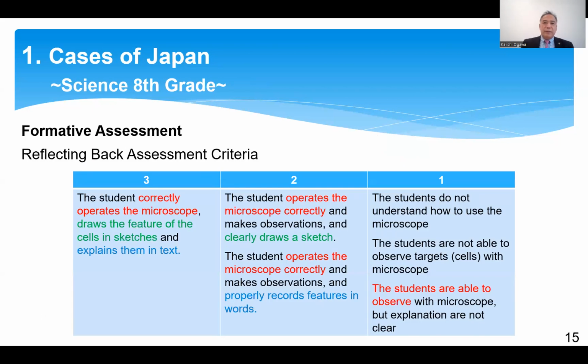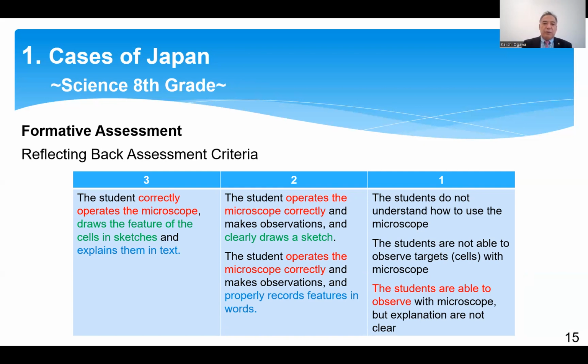So formative assessment, 3 criteria. Criteria 3: student correctly operates the microscope, draws the features of the cells in a sketch, and explains them in text. Criteria 2: student operates the microscope correctly, makes observations, and draws the sketch.